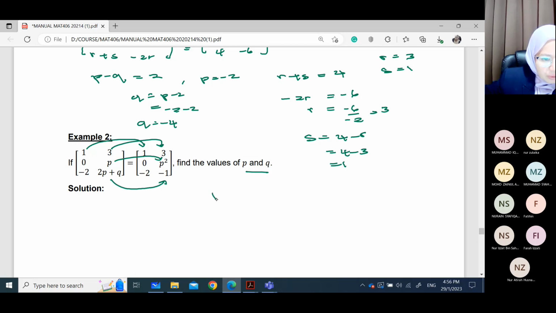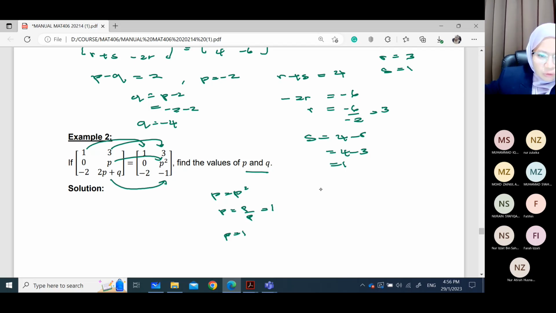So kita boleh ambil itu P equivalent with P squared. So P, berapa nilai P? P over P, so we have 1 lah. So P equivalent with 1. Okay, so P sama juga dengan 1.